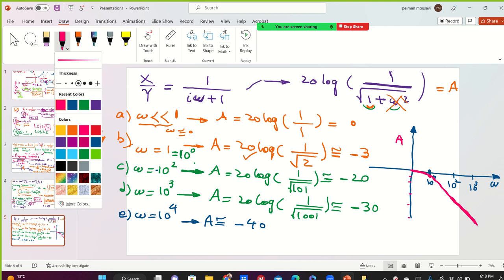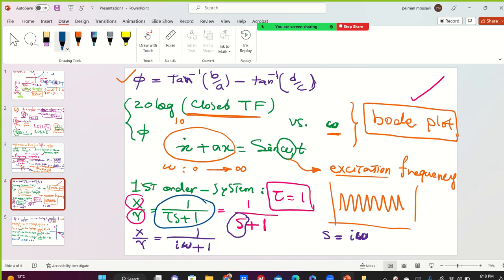Okay, this has a name in control engineering. It says for low frequencies, your output follows the input, because this is 1, and log of 1 is 0, that's right. For low frequency, the output magnitude is the same as the input.